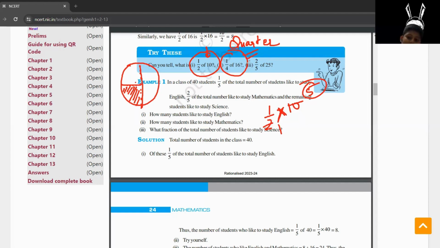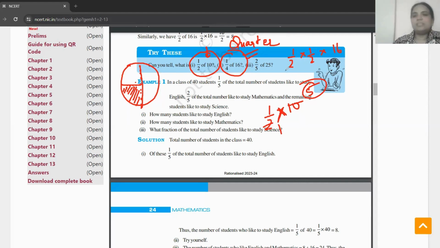Ma'am, so it's like, ma'am, 1 by 4. Ma'am, 1 will not have any value. So, ma'am, 4 into 4 equals 16. Yes, ma'am. So let me tell you one thing. Wait. That 1 by 4 can be thought of like this.